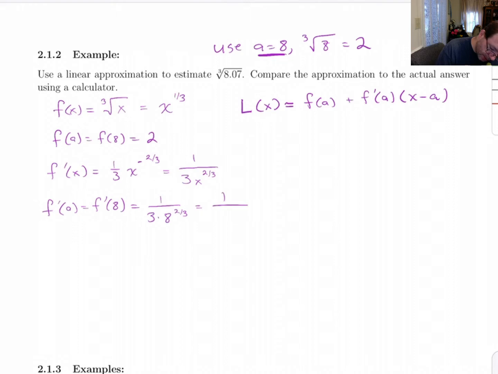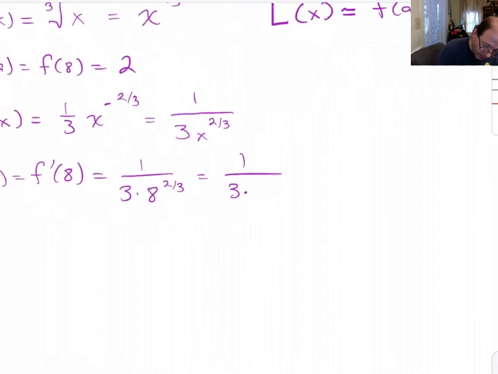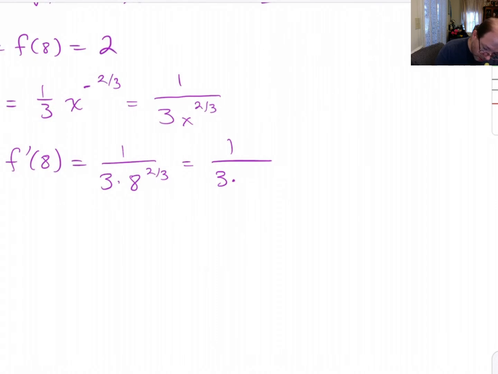All right, 8 to the 2/3. The way you do that is you take 8, you square it, and then take the cube root. Or maybe it's easier to take 8, take the cube root, which is 2, and then square that, which is 4. So I get 1/12.